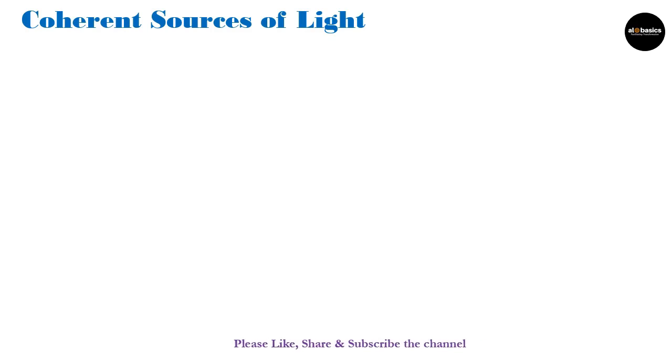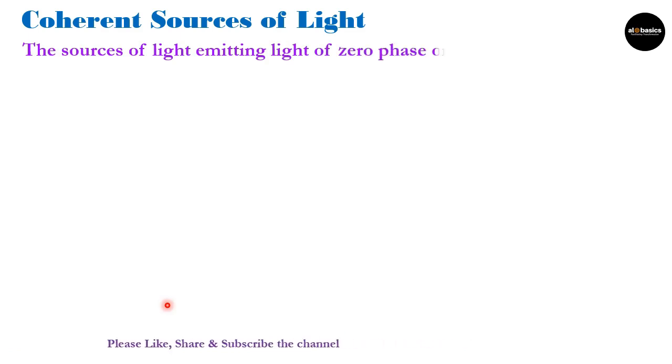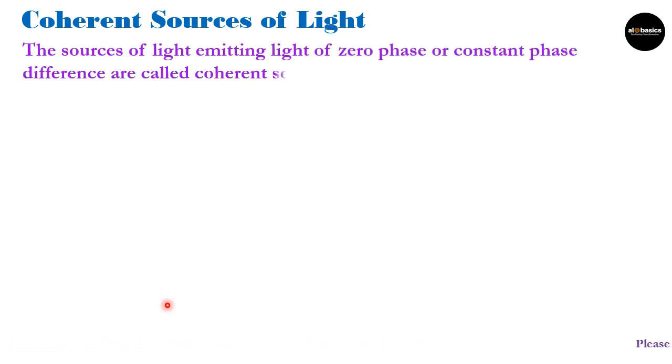Now let us discuss more about coherent sources of light and how to produce coherent sources in the lab. We know that coherent sources are those sources which emit light with zero or constant phase difference. Whatever two sources we have, their phase difference should be maintained constant.